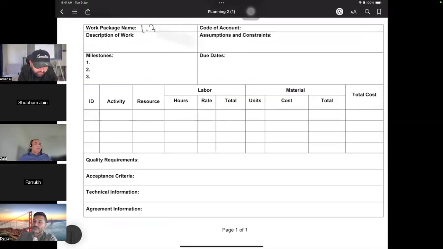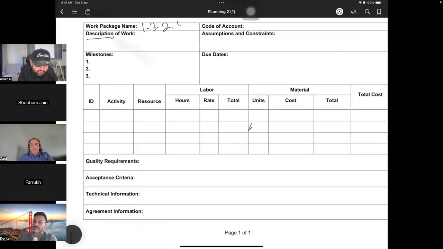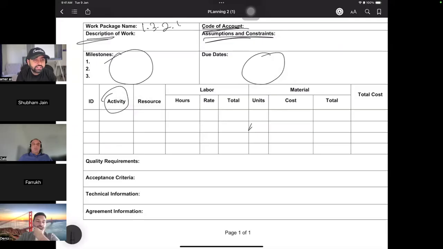The name of the work package, what it describes, which code of account it is linked to, what assumptions I have, whether it has any milestone in it, what the due dates are, what activities I need to do for this, what resources I need, any hours, rate, labor, such detail.